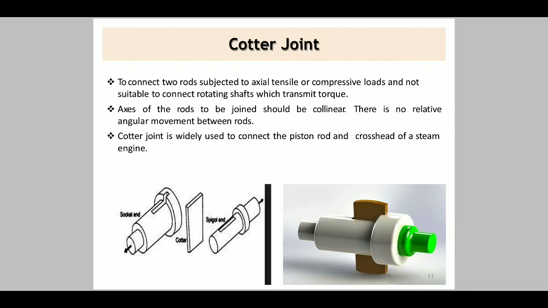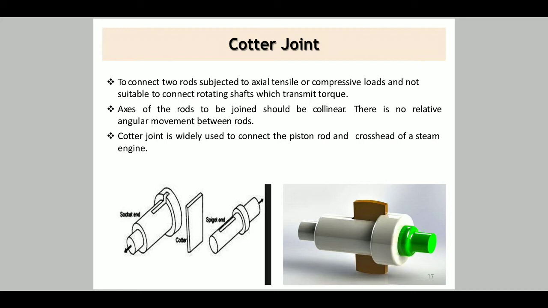In other words, a cotter joint is a temporary fastener used to connect two axial or two coaxial rods or bars which are subjected to tensile or compressive force. The axis of the rods to be joined should be collinear. There is no relative angular movement between the rods. A cotter joint is used to transmit axial force only and not the torque.